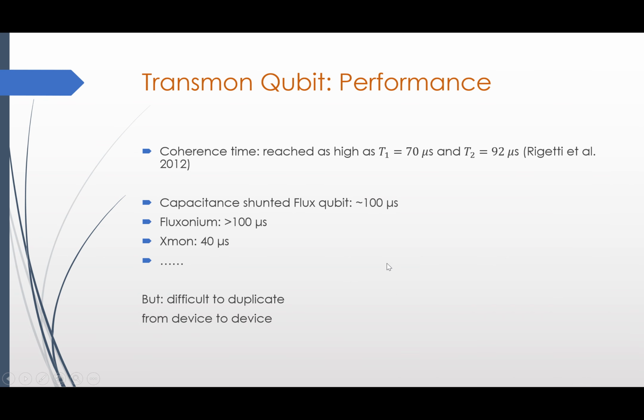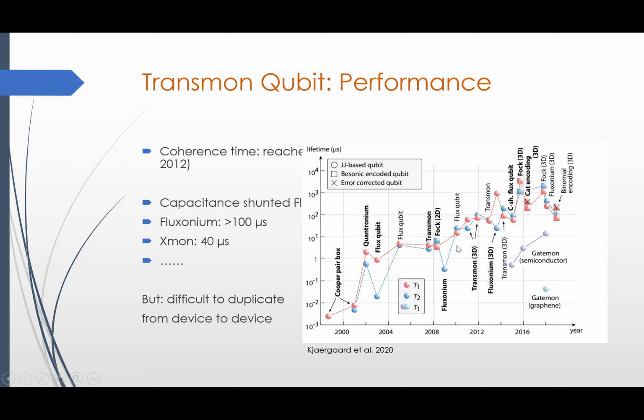The Transmon qubit was developed for longer coherence time. If we look at this, it has reached nearly 100 microseconds. This is a relatively good result compared to some other circuit qubits here, like flux qubits, fluxonium, and Xmon, and here is a picture showing more experimental results.